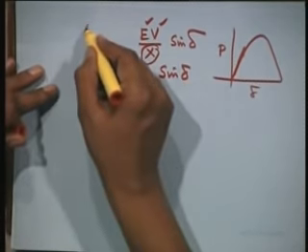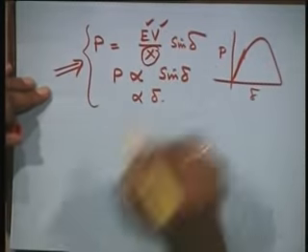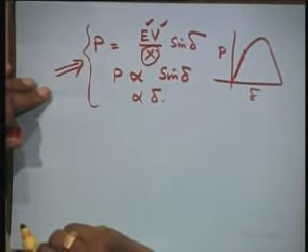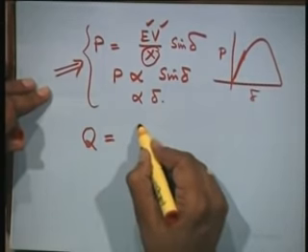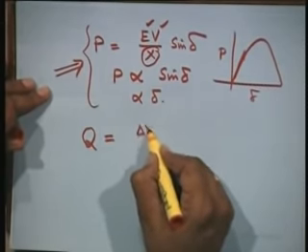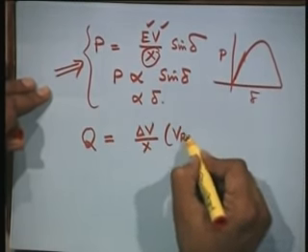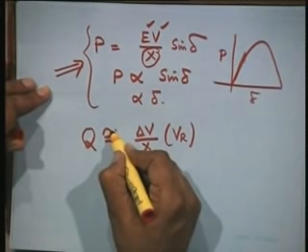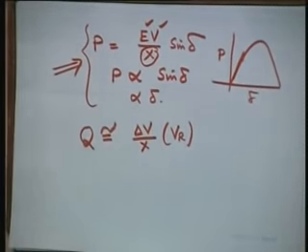So, now this is the equation which shows that P is only dependent on delta, not on V. The reverse is true for Q. This is approximate. Otherwise, you can write those 4 big equations: receiving end Q, sending end Q, receiving end P, sending end P, and so on.